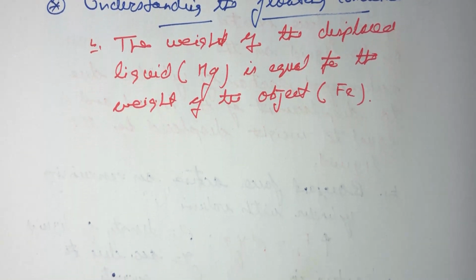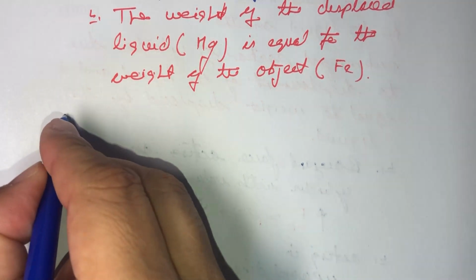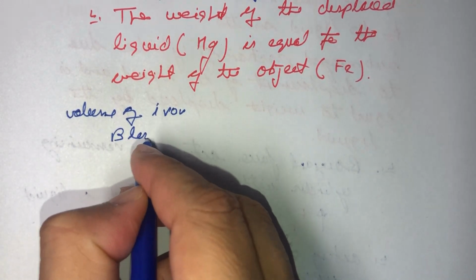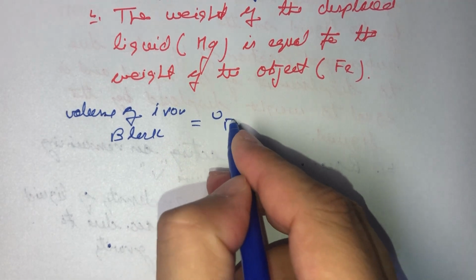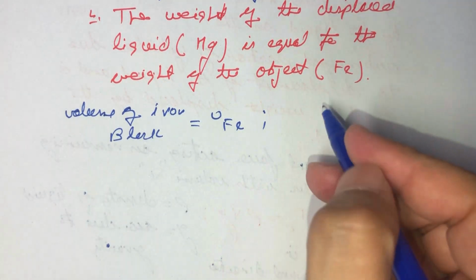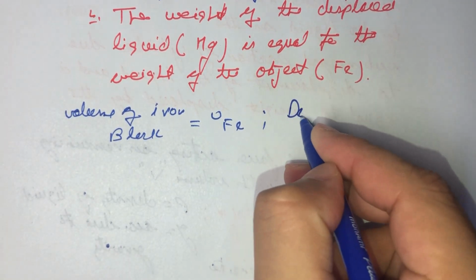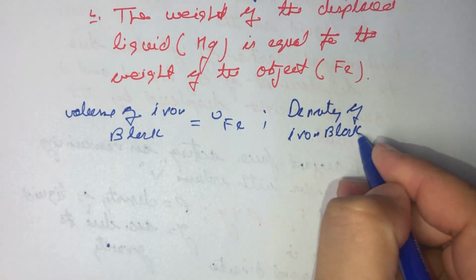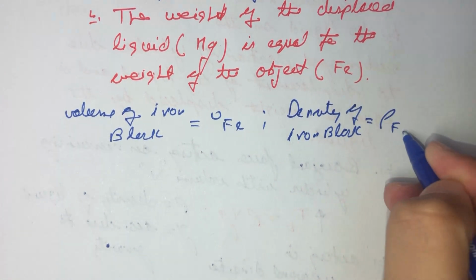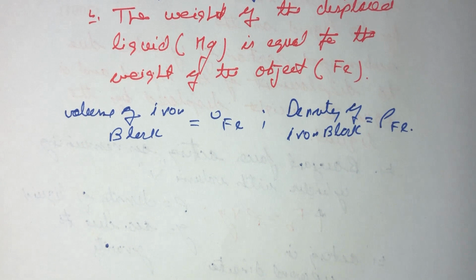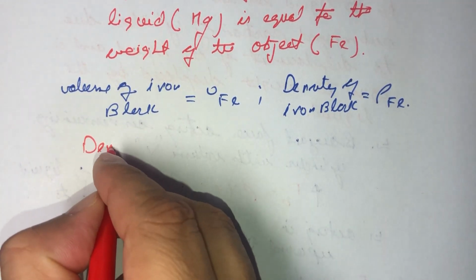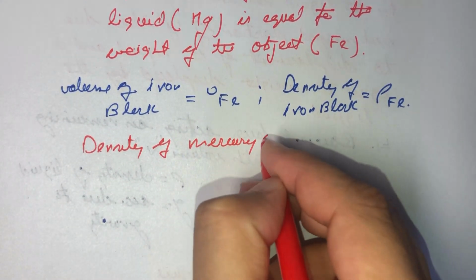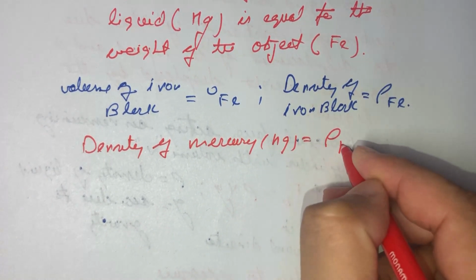So let us assume that volume of the iron block is given as V Fe, and density of the iron block is given as rho Fe, and the density of mercury is given as rho Hg.